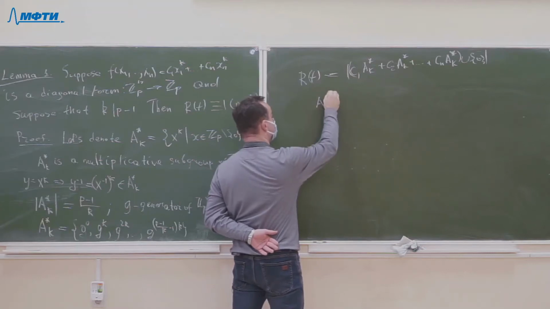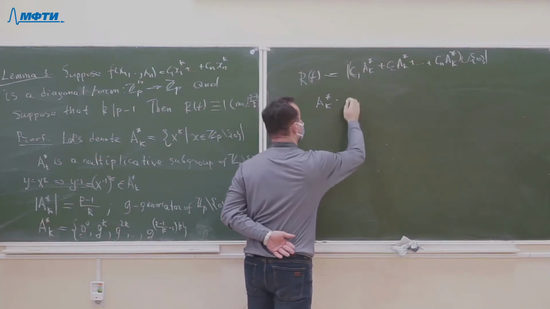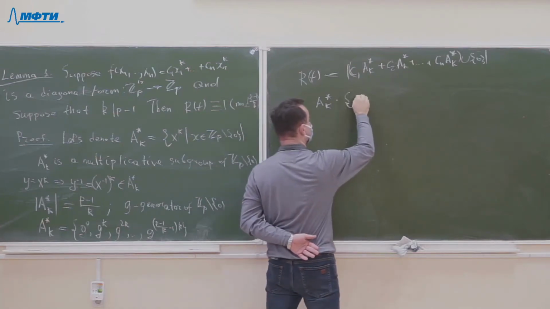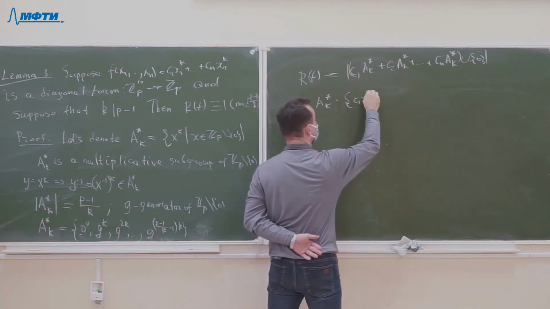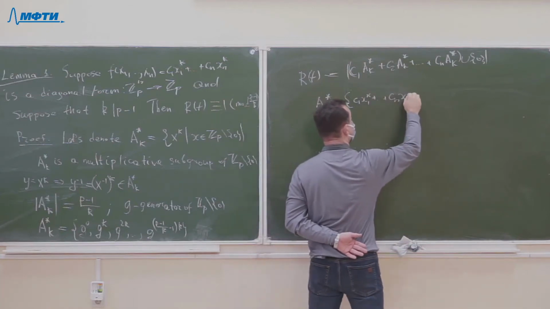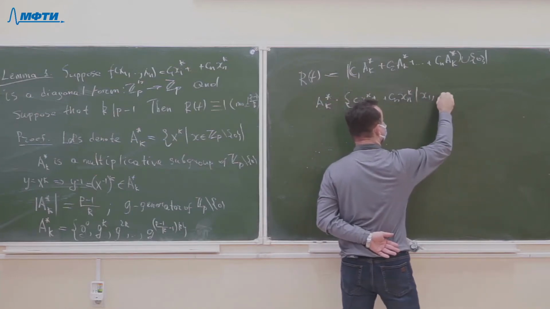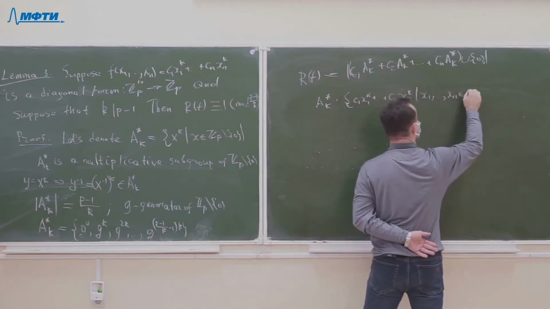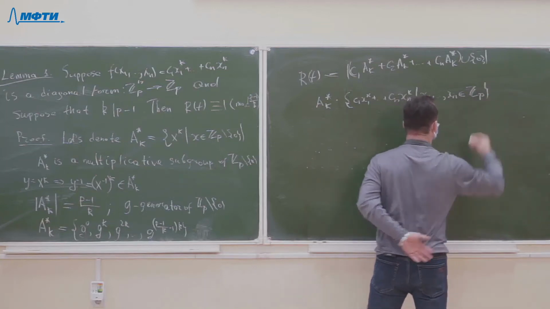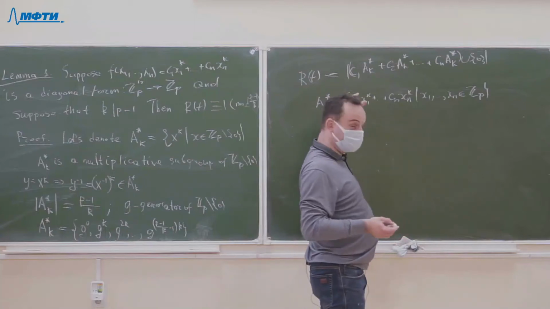AK star multiplied by the set of C1 x1 to the k, Cn xn to the k, for x1 to xn. We multiply this set by this set.